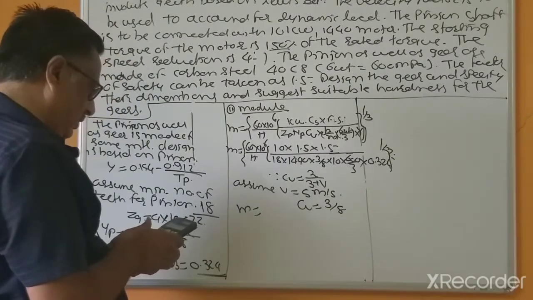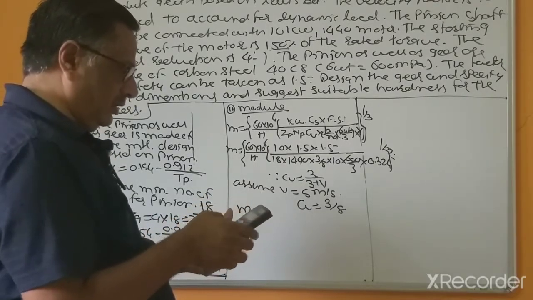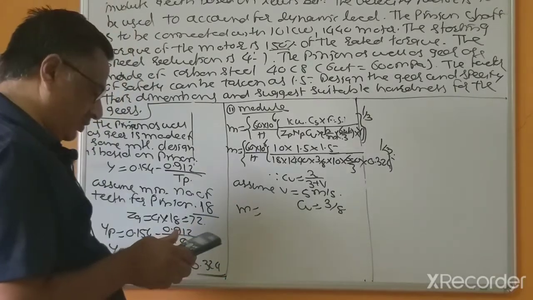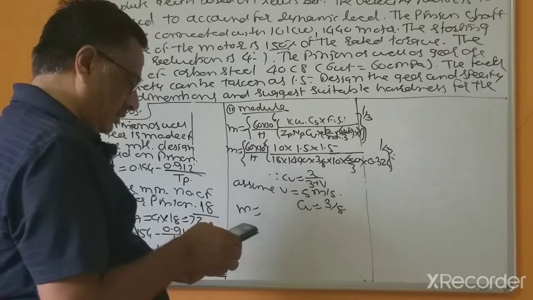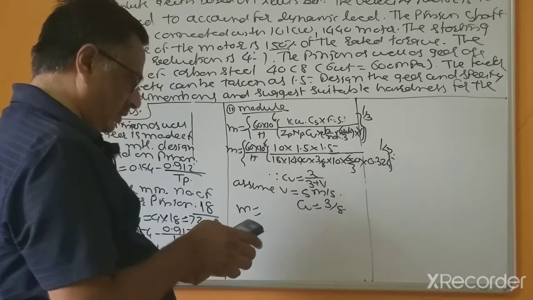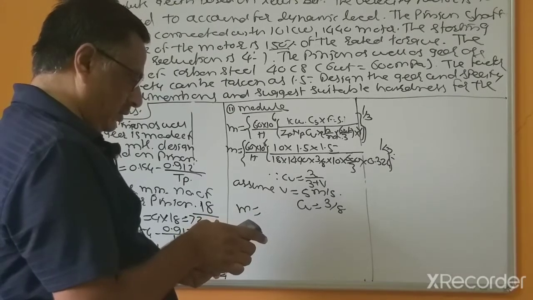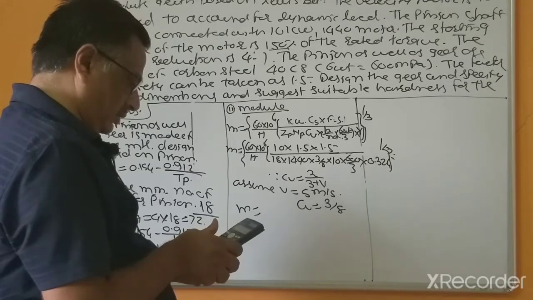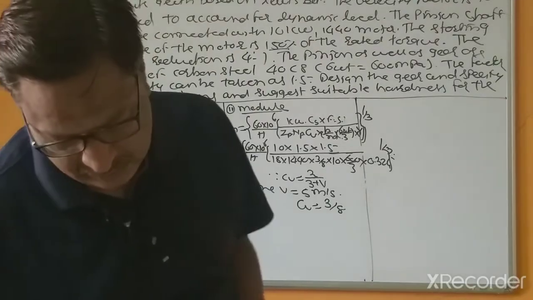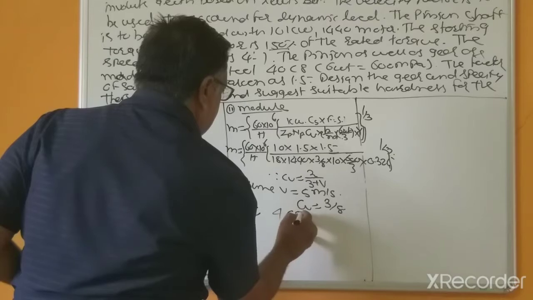Otherwise directly we can calculate cube root of 68 point something. So this value is near about 4.08.